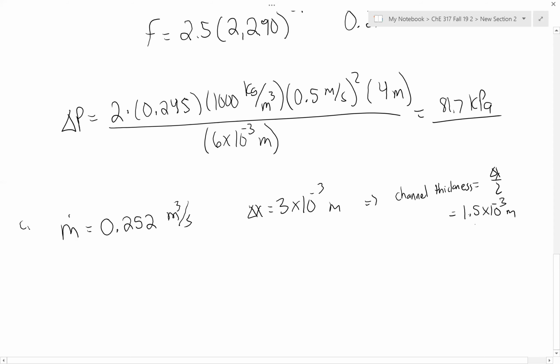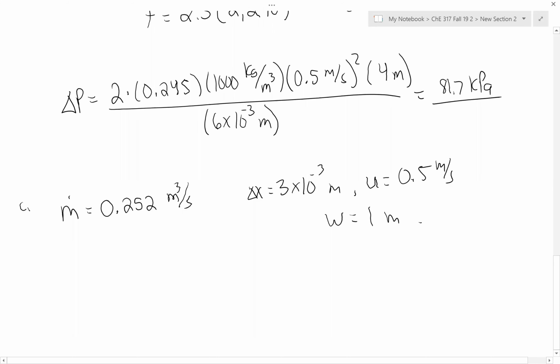And if that thickness is essentially 1.5 millimeters and our width is 1 meter, we can essentially solve for our flow area. No, hold on. Let me back up. The thickness is right. We have our velocity of 0.5 meters per second and our width of 1 meter.